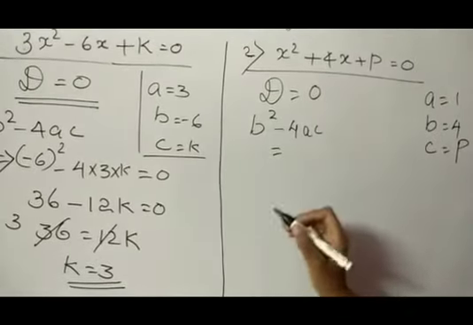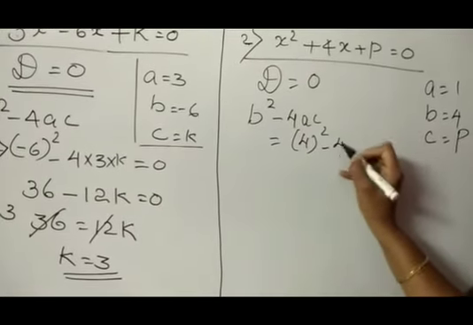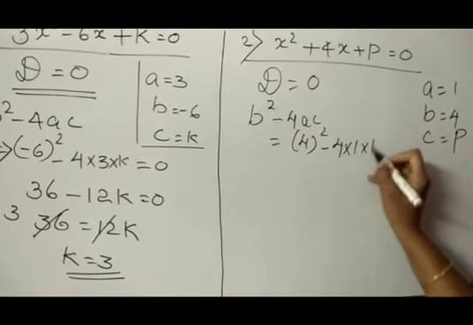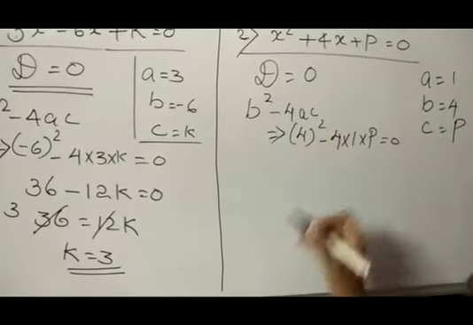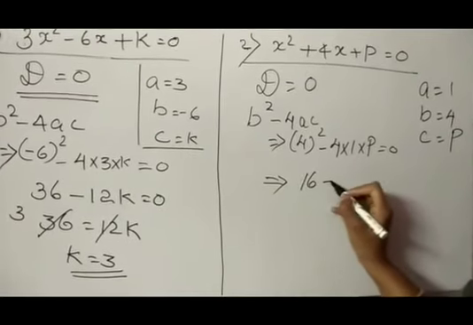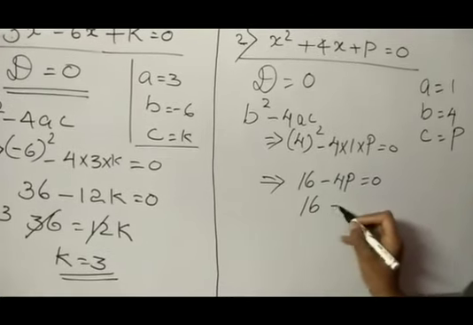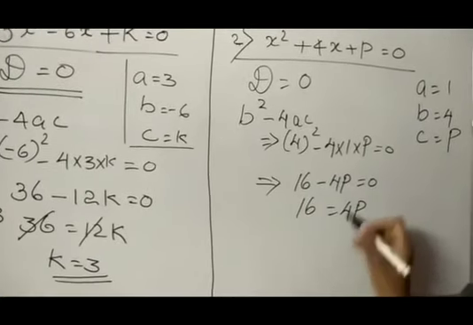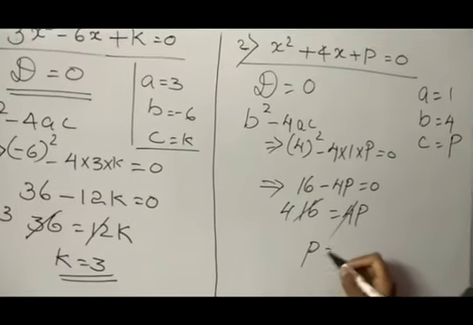You will get 4 square minus 4 into 1 into p, and that is equal to 0 by the condition. So you will get 16 minus 4p is equal to 0. 16 is equal to 4p. Cancel 4 and 16, and here you will get the value of p as 4.